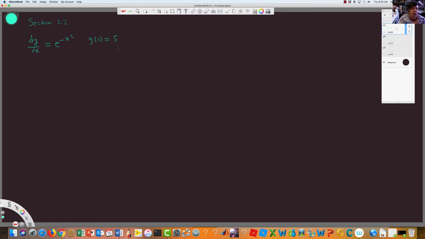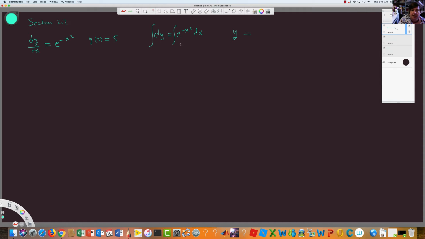All right, let's separate. Certainly separable, no problem. So we have dy is equal to e to the minus x squared dx, and we can integrate both sides, right? This side, that's easy. We get y.